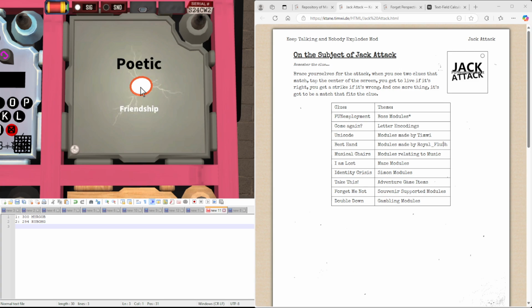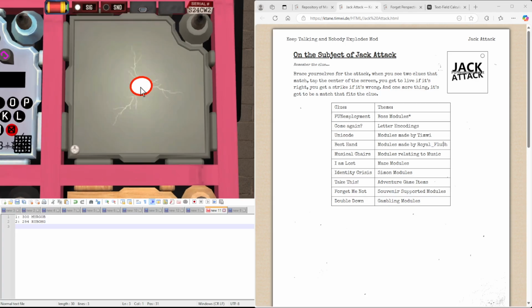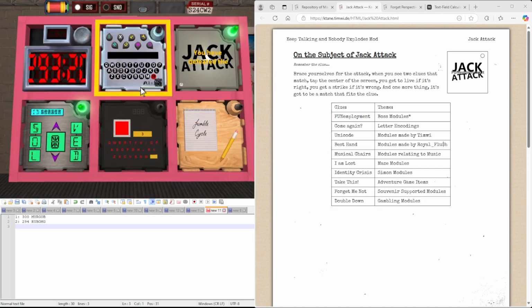Poetic, Kudasadoku. Multi-dimensional hypercube. Okay.